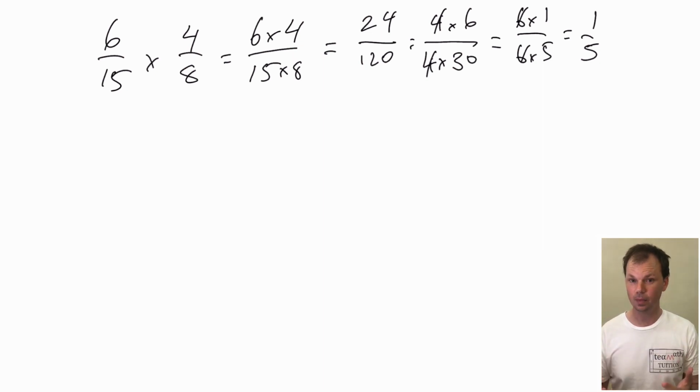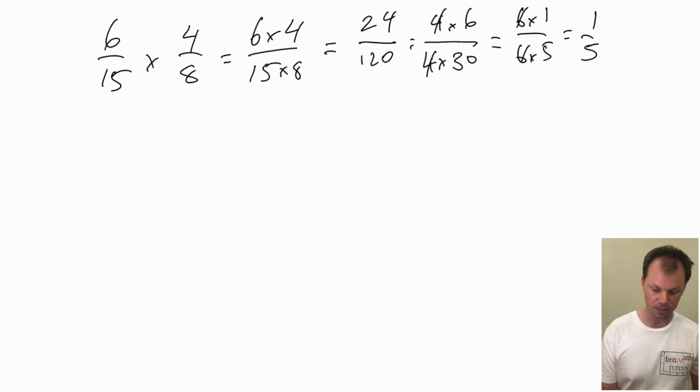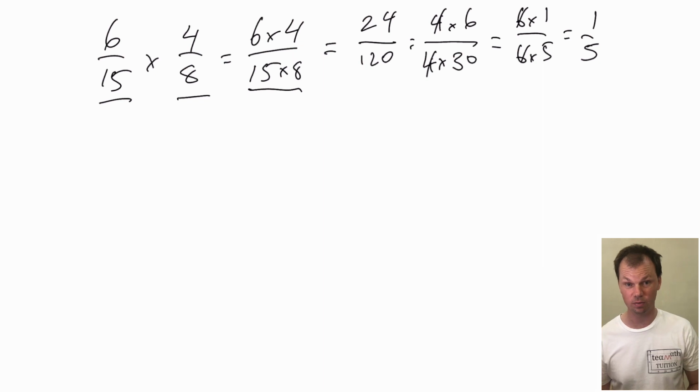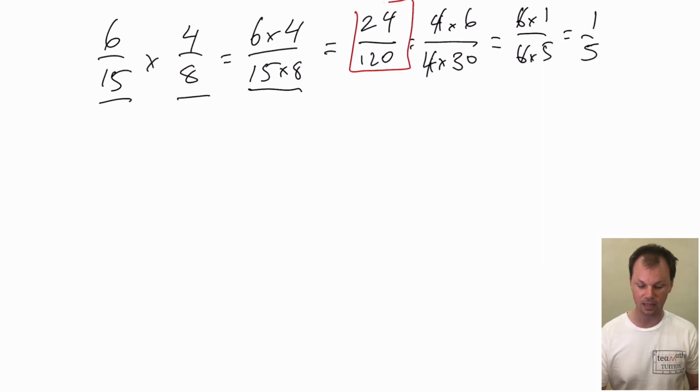Perfectly valid. The strategy can get a little bit involved with the arithmetic if these numbers are big to start with. So here we've got 15 times 8, quite a difficult multiplication. We also end up, or can end up, with large numbers to simplify, which can be a bit difficult in terms of finding the highest common factor.